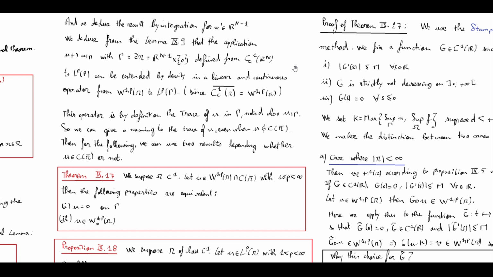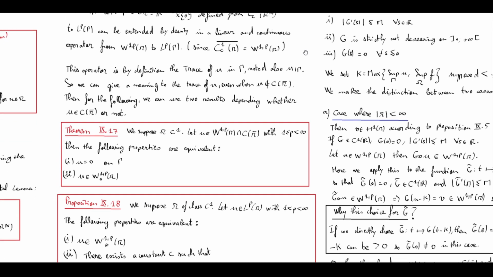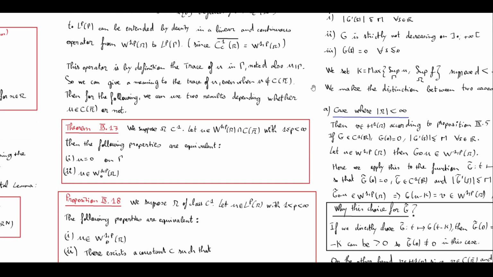This operator is by definition the trace of u on gamma, noted as u restricted on gamma, so we can give a meaning to the trace of u even when u doesn't belong to the set of continuous functions on omega bar.